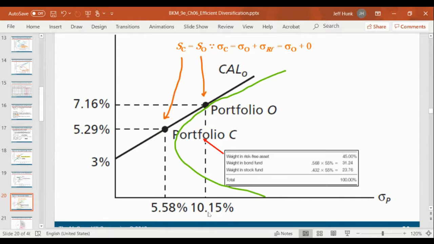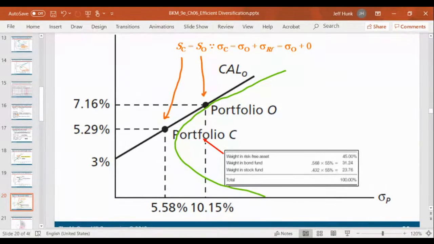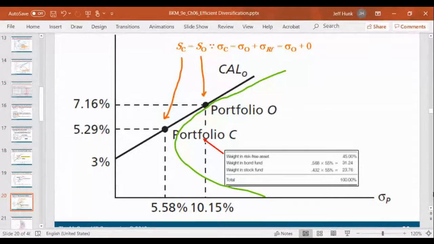In other words, adding risk-free assets does not add any more risk, and it only adds the lower bound, because that's the risk-free return.